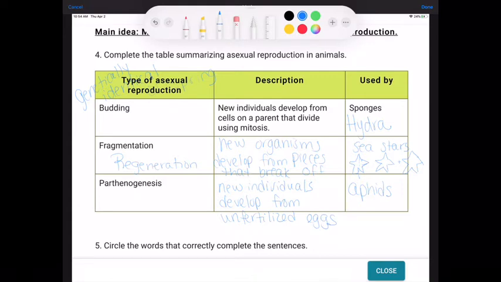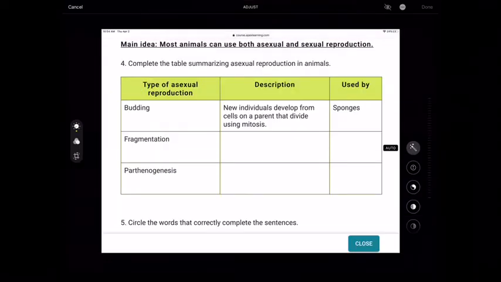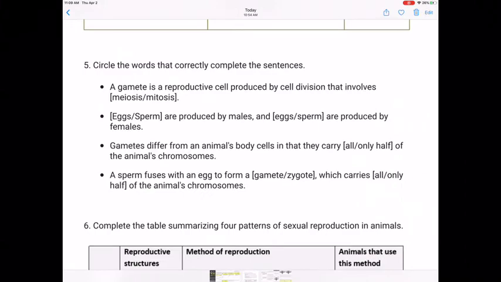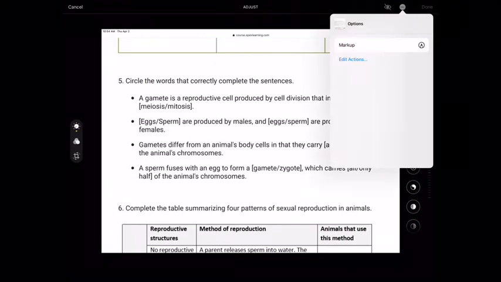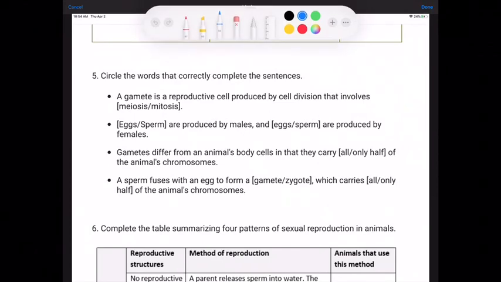The next question should go kind of quick. So let's see. Okay, this one you just had to circle the correct choice. So if we look here, I'm going to see if I can highlight it. Okay, a gamete is a reproductive cell produced by cell division that involves, this is meiosis.